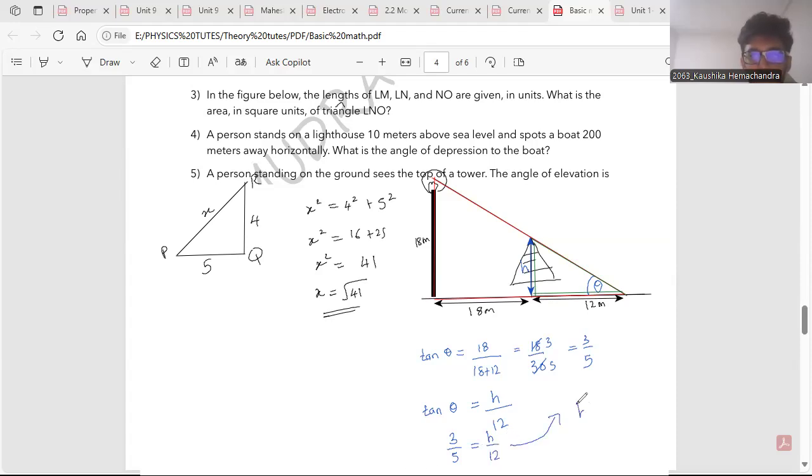So you get h is equal to 3 over 5 into 12. 12 into 3 is 36. 36 over 5 is 7.2 meters. Yes, 7.2. Any questions? Did everyone understand that?